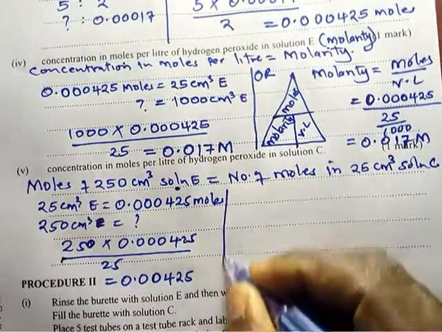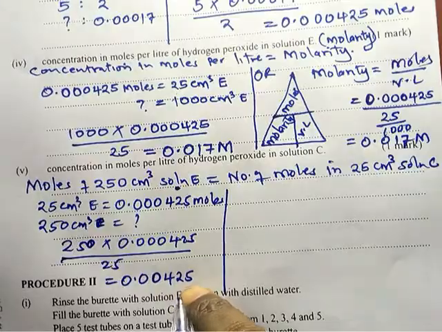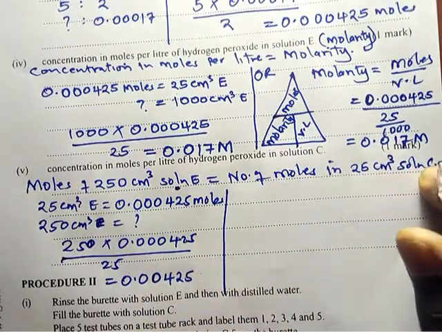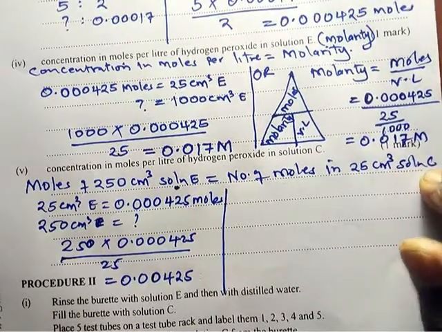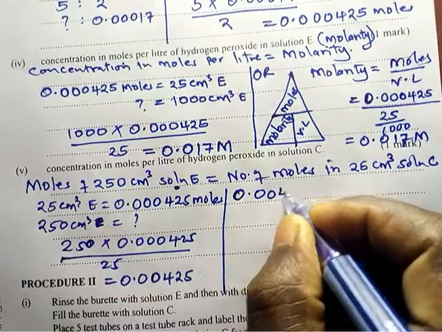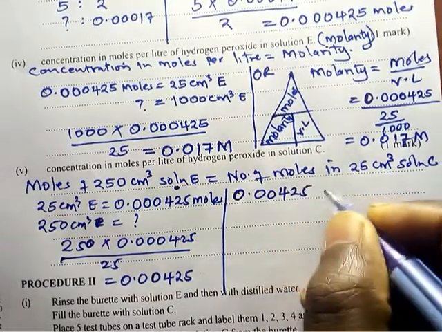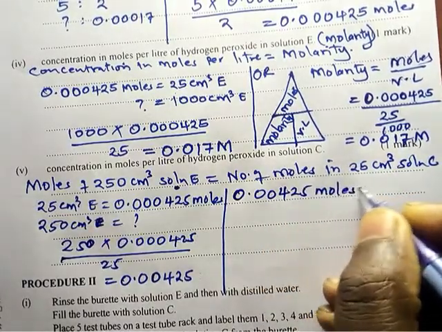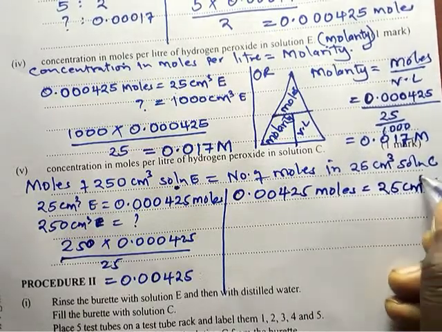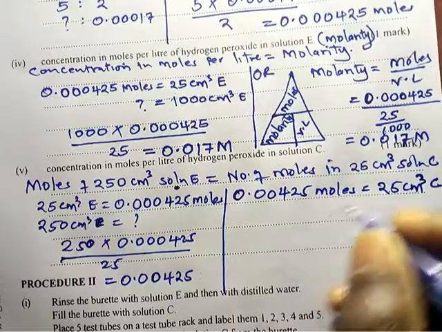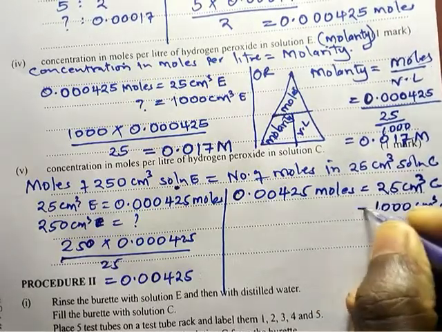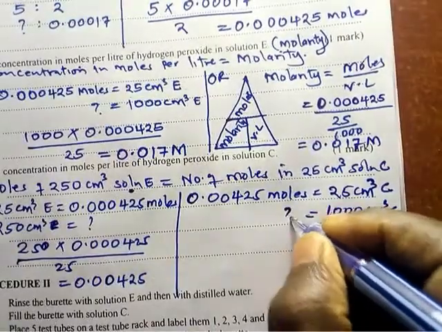But that number is the number of moles in 25 centimeters cube solution C, because moles does not change. So 0.00425 will be the number of moles in 25 centimeters cube solution C. So we will ask, 1,000 centimeters cube C will contain how many moles?